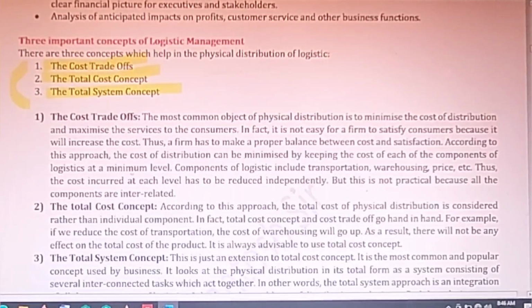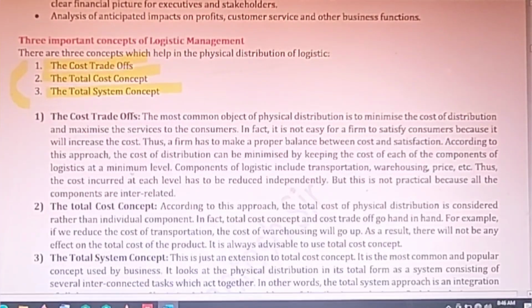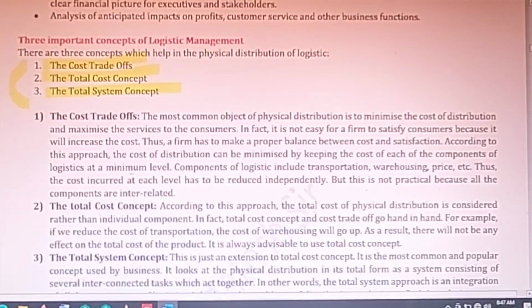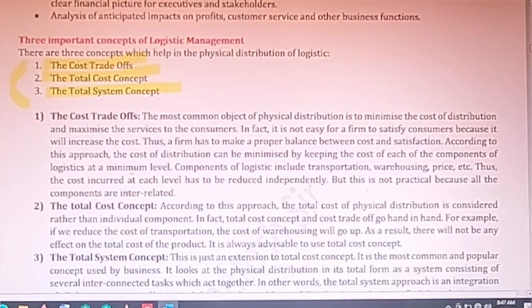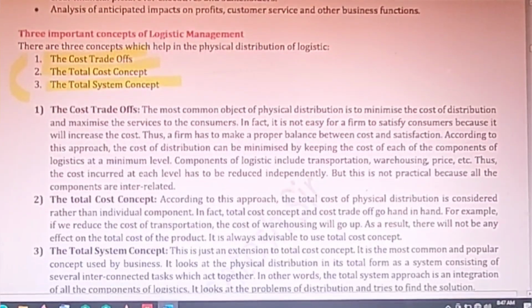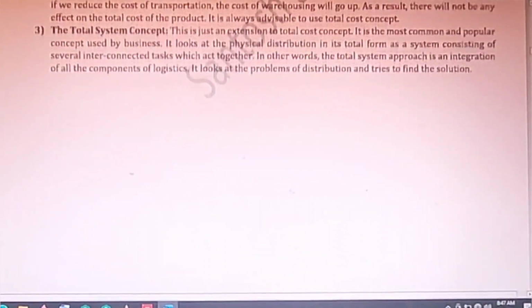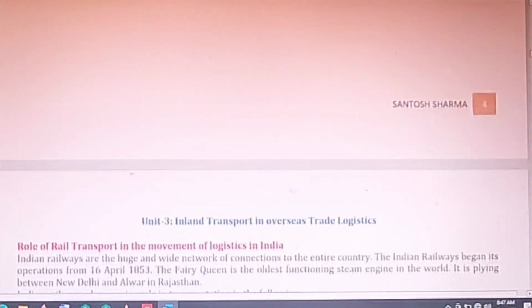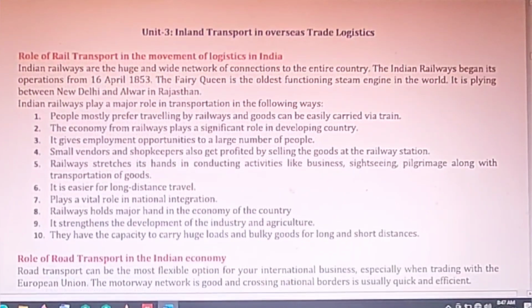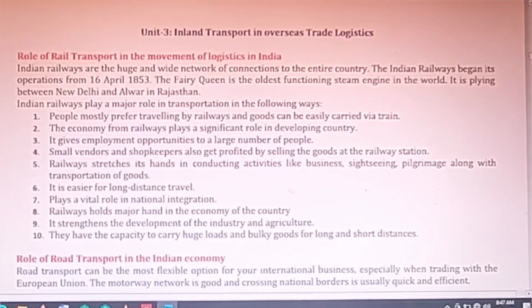And total cost concept is a very wide concept. And the system concept covers all the different types of systems and the cost involved in those systems. So that will add to the total system concept, right? Let's move on to the next important unit, unit 3, inland transport and overseas.